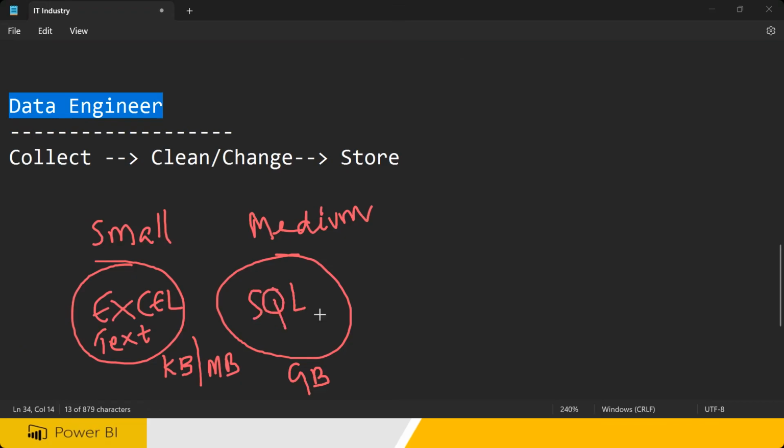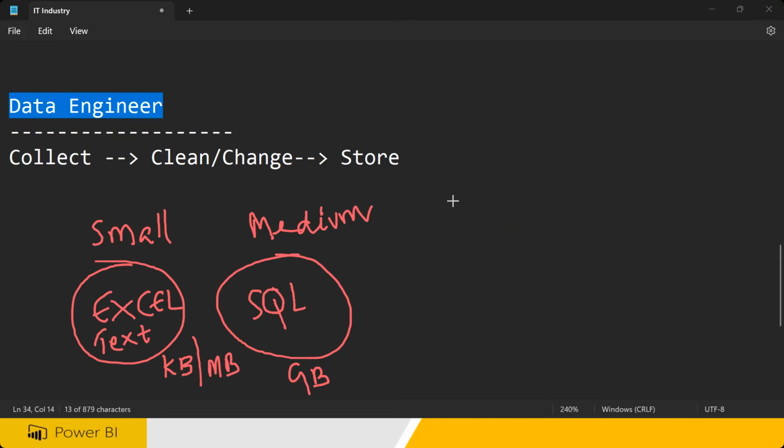SQL means, as I told you, one of the tools like Oracle, SQL Server, MySQL, because the data is 200 GB, 300 GB every month, which will not be stored in your Excel file. Excel cannot open or take this much data.